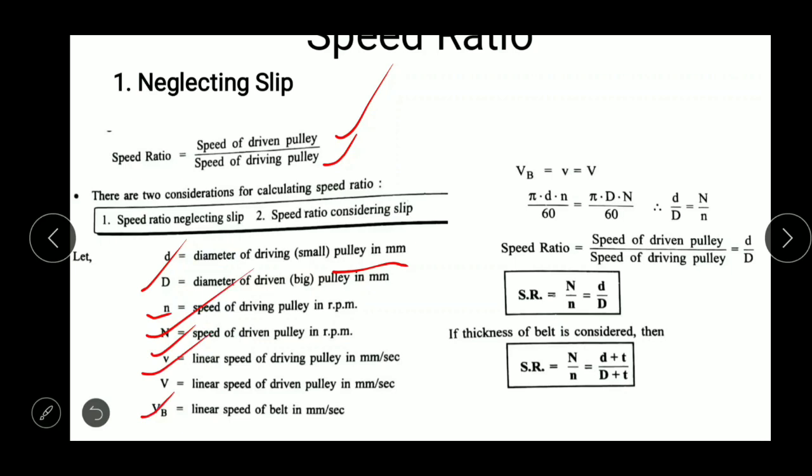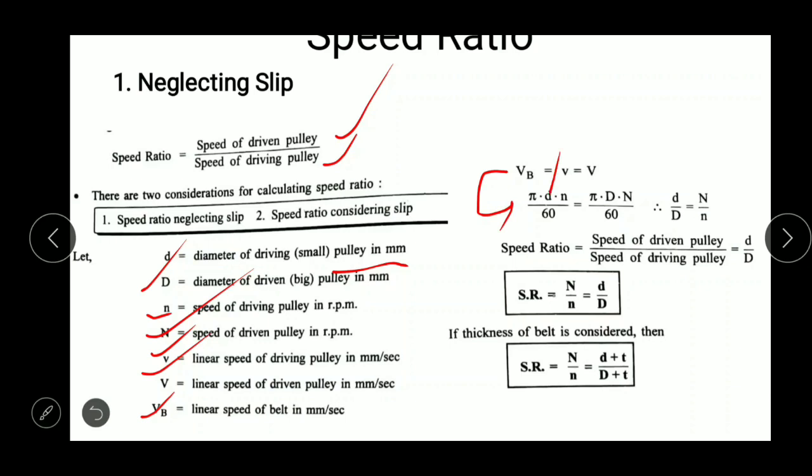So we'll consider the velocities. See, the linear speed or velocity of the belt is equal to, of course, velocity of smaller pulley as well as bigger pulley, definitely. Then I'll convert this. As we know, velocity is equal to pi dn. So for belt velocity, I have written here pi dn.